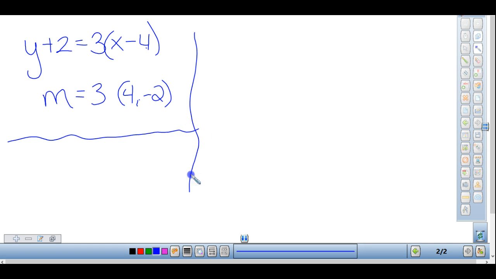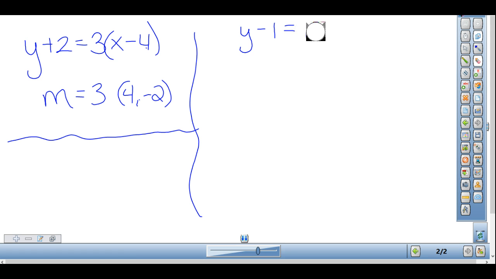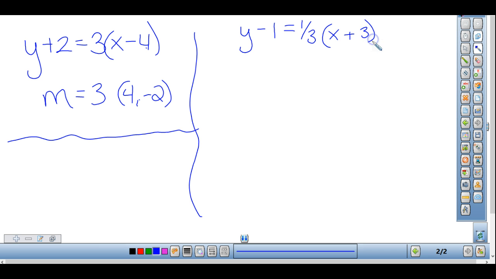Okay. They're going to ask you to graph these also. So what's going to happen is I've got y minus 1 equals 1/3 times x plus 3.